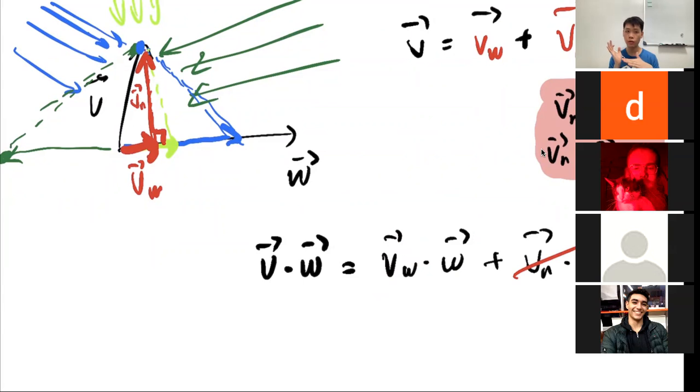So the angle is either 0 if the two are in the same direction, or 180 if the two vectors point in opposite directions. So if the angle is 0, the cosine is 1. If the angle is 180, the cosine is -1. So the absolute value of the cosine is always 1.